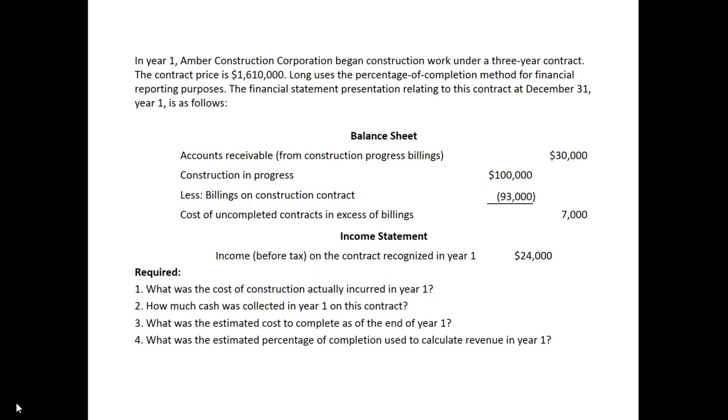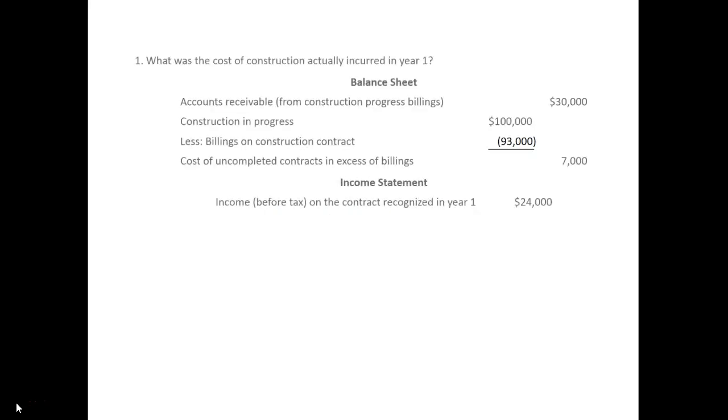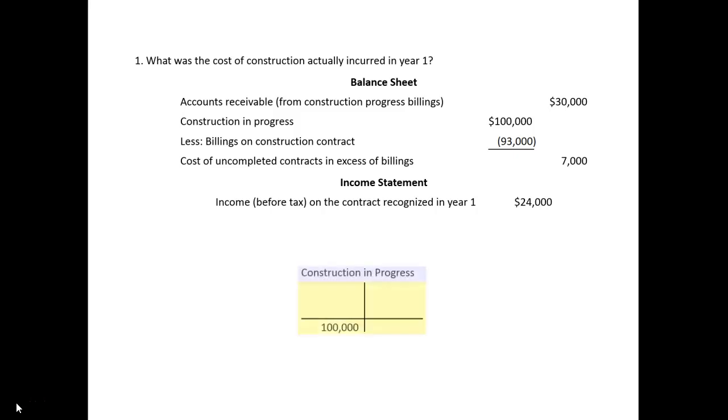So we've got shown on the balance sheet accounts receivable of 30, construction in progress 100, billings on construction 93,000, cost of uncompleted contract in excess of billing 7,000, then our income before tax on the contract of 24,000. So we're going to take what costs were actually incurred.